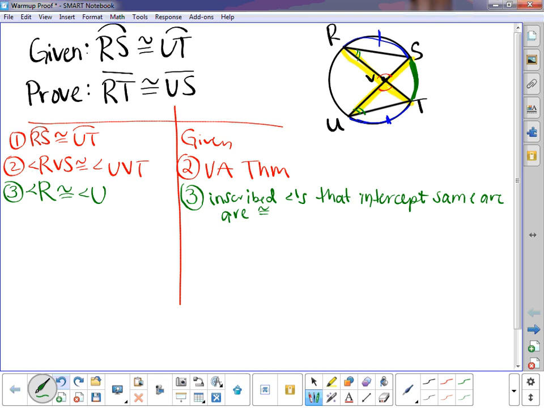RS and UT are congruent because they're not circles, they're arcs. Good, so segment RS is congruent to segment UT. And again, we have congruent arcs have congruent chords, and vice versa. So I'm just going to say congruent arcs have congruent chords.